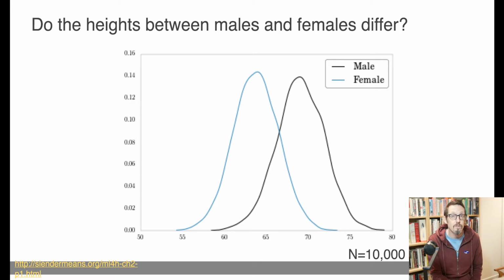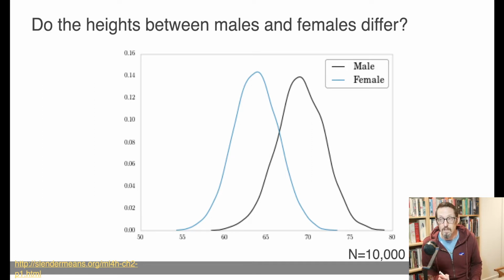So we have two curves here. One is a distribution of females, that's in the blue, and the other is the males in the black. And this is one of those density plots, right? So what you're seeing is that along this axis is height.